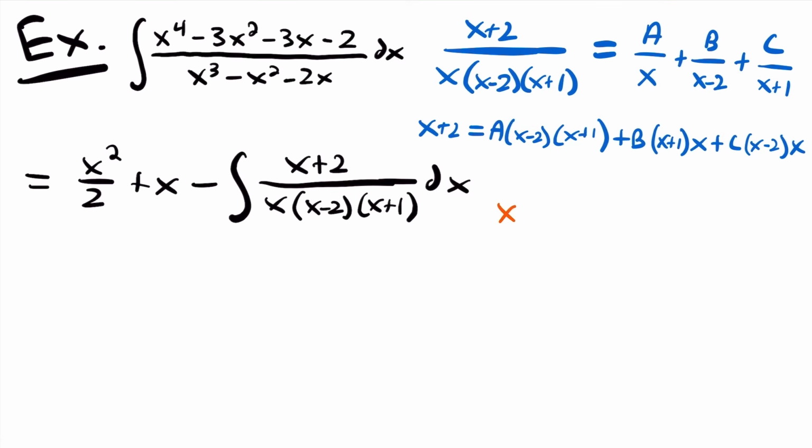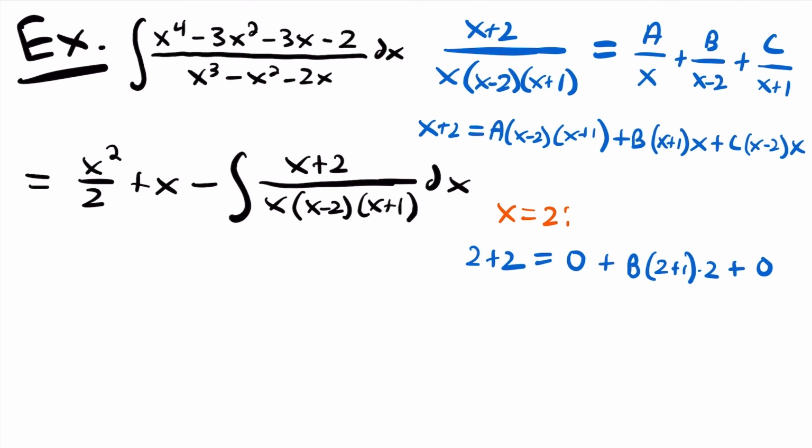So if x is equal to 2, we will have 2 plus 2 is equal to 0 for this term, and then plus b times 2 plus 1 times 2, and then plus 0 because this term also has x minus 2, and so 2 minus 2 is 0, and so this whole term will become 0.